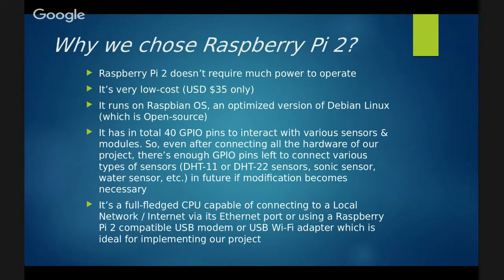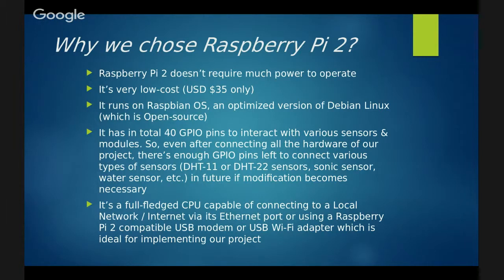Even after the very few GPIO pins that we needed, we still had a lot left for future modifications to our mini rover. And it's a full-fledged CPU capable of connecting to a local network through its Ethernet port or using a compatible USB modem or USB Wi-Fi adapter.